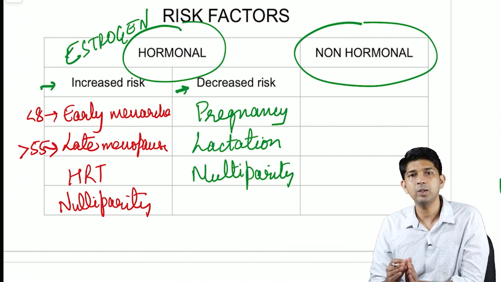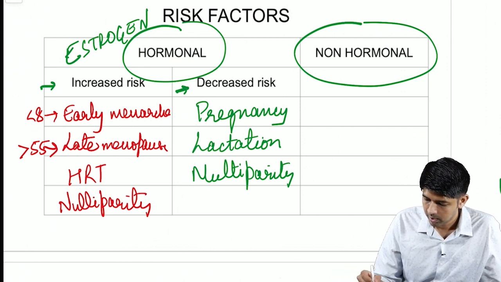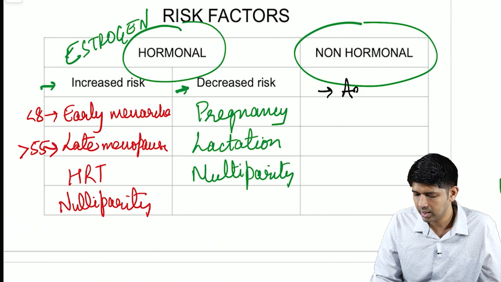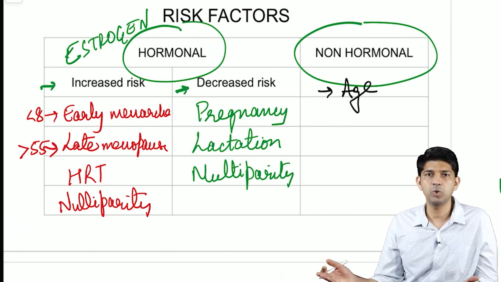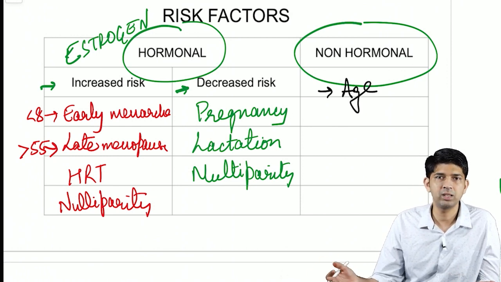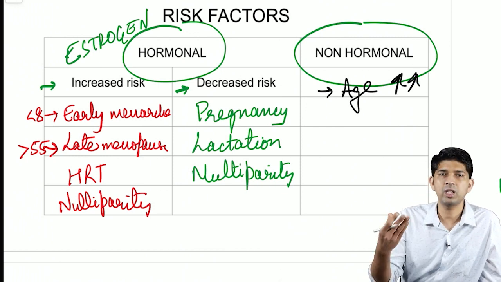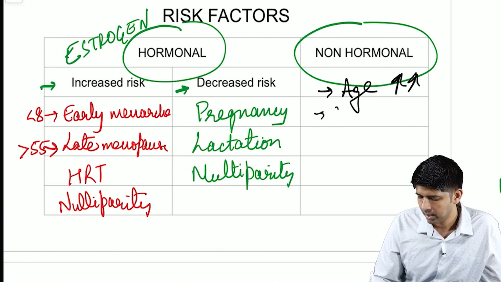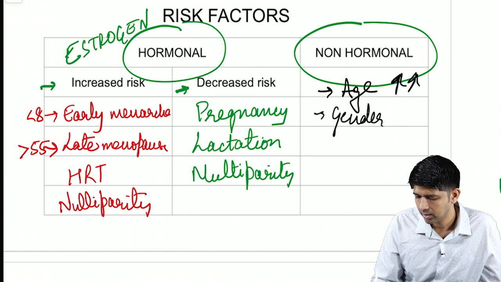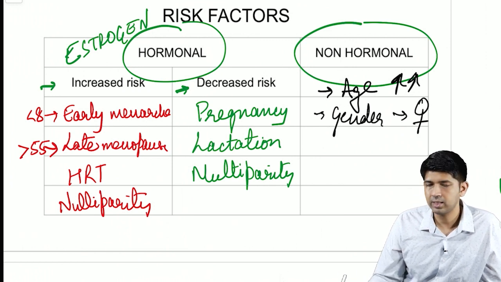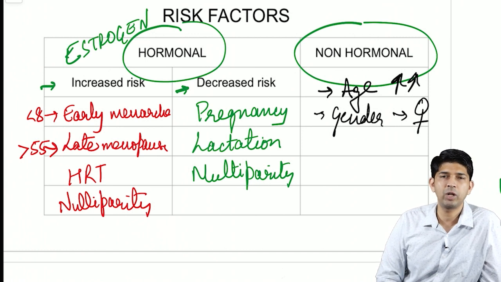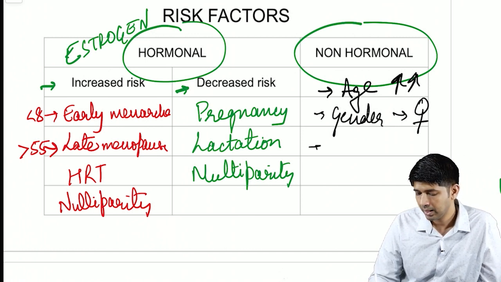Now let's look at the non-hormonal. First and foremost is age. All right, age has nothing to do with the estrogen. So higher the age, more is the chance of developing CA breast. Gender, female sex is automatically predisposed to developing CA breast.